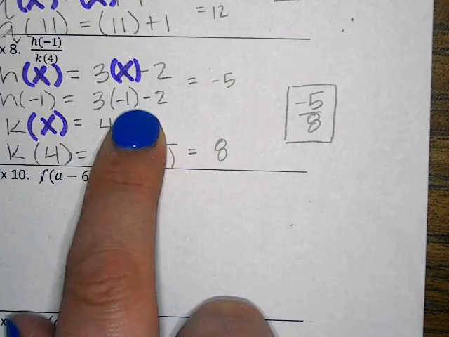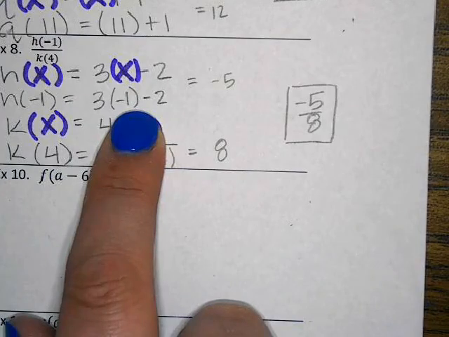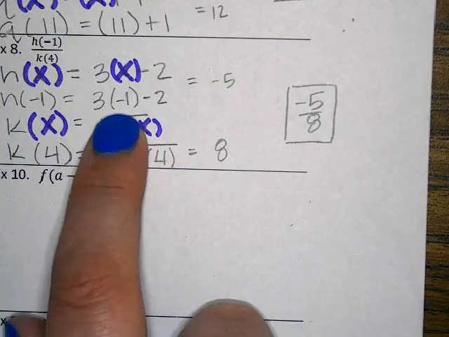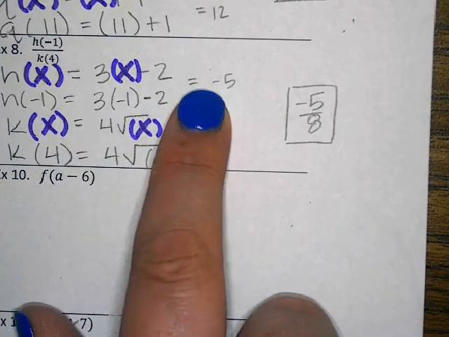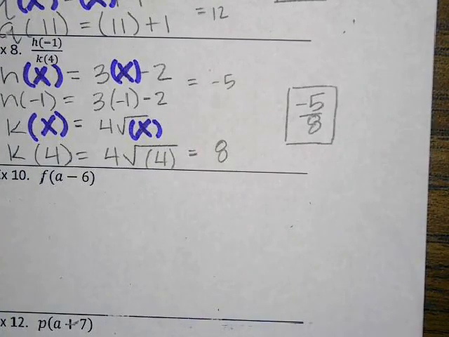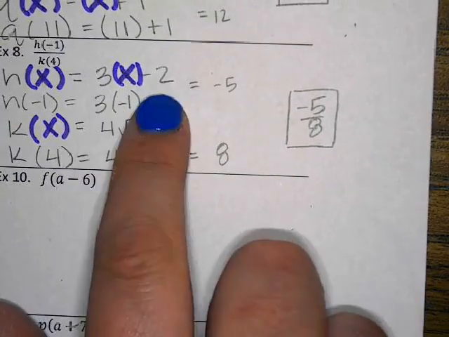So we got minus 5. The other numbers? So we're just looking up here. Whenever we write the name of the function we're working with, we get everything else from up here.